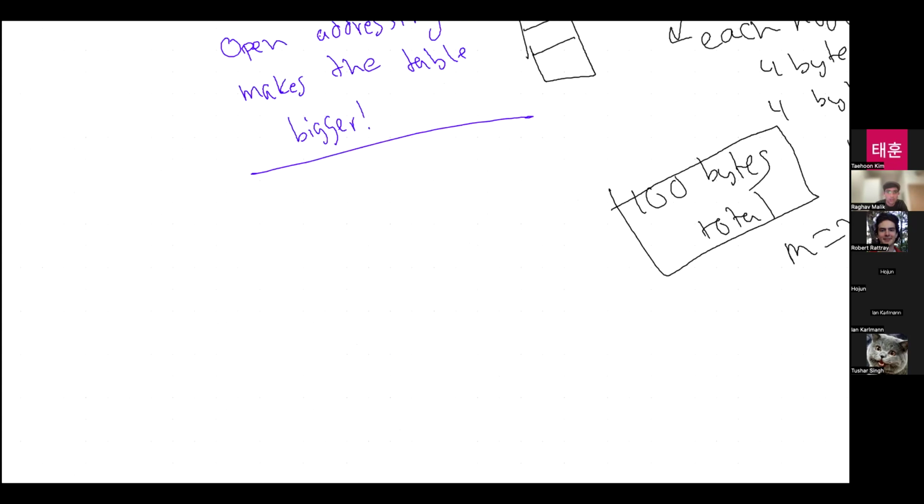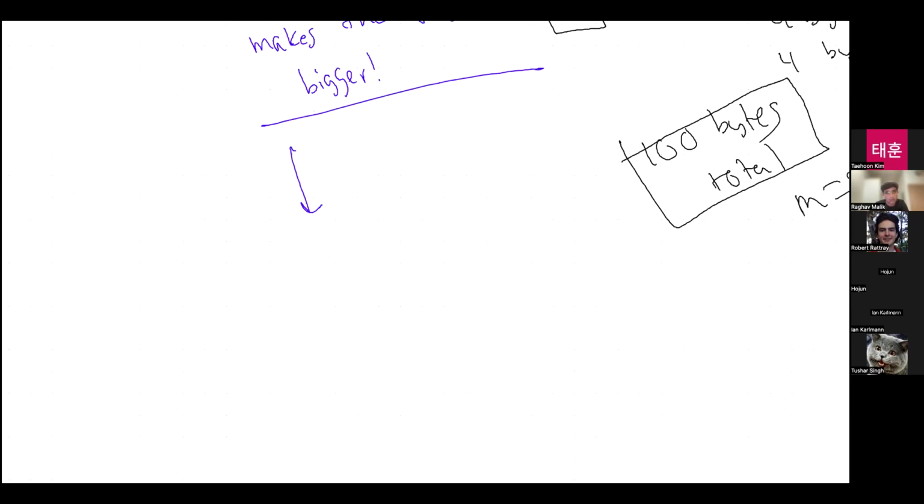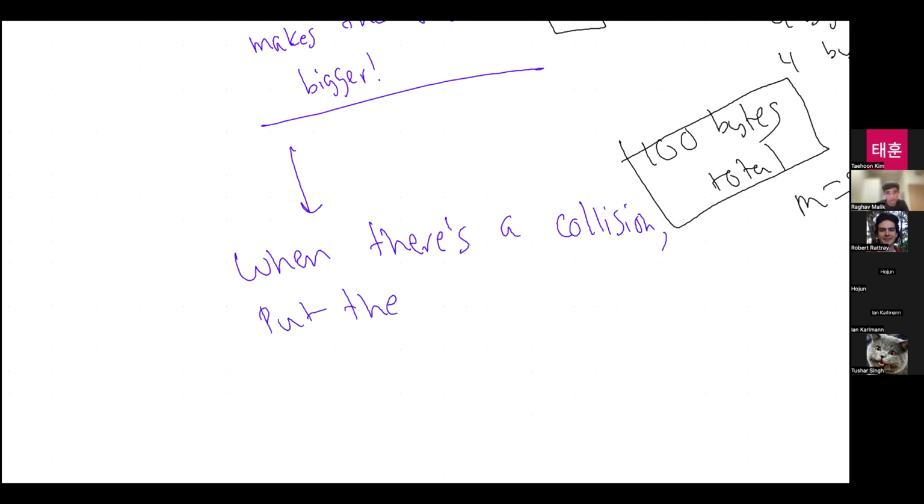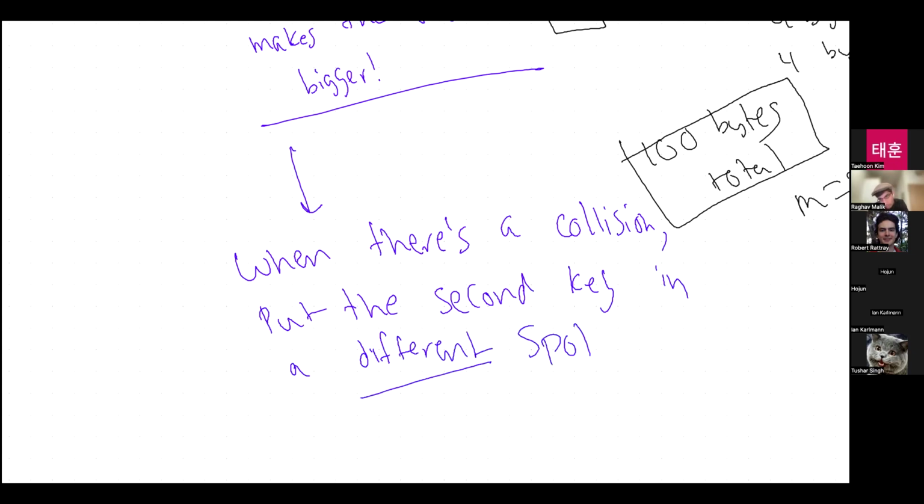So here, when there's a collision, put the second key in a different spot in the table, right?